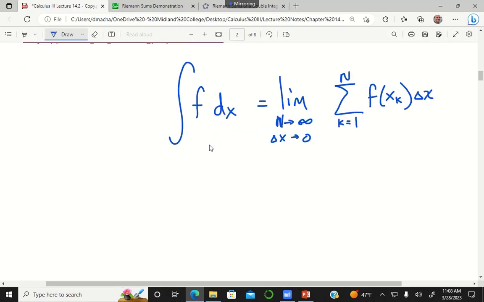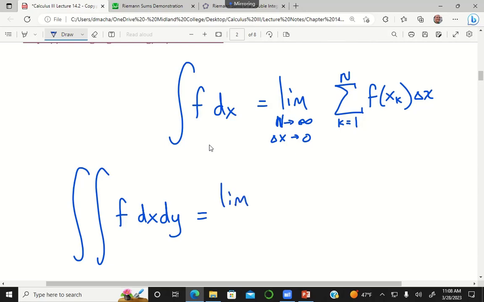So that's the single variable function case where we were doing areas under curves and relating the integral to a Riemann sum. In the case where we're doing double integrals of a function, this is like taking the limit as the number of square prisms goes to infinity and the width and length of the squares that make up the base of the square prisms go to 0.